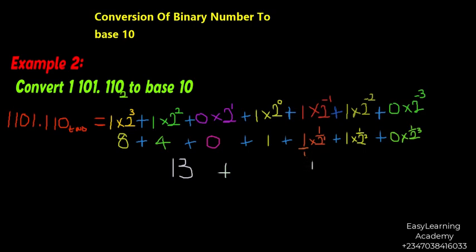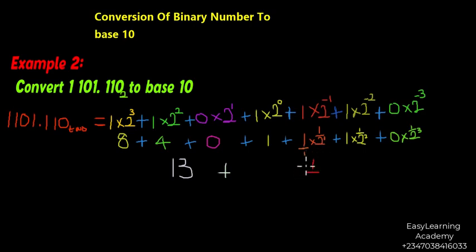Okay, so 1 times 1 is going to give us 1. And then all over, the denominator is 1 here, and another denominator is 1 here.